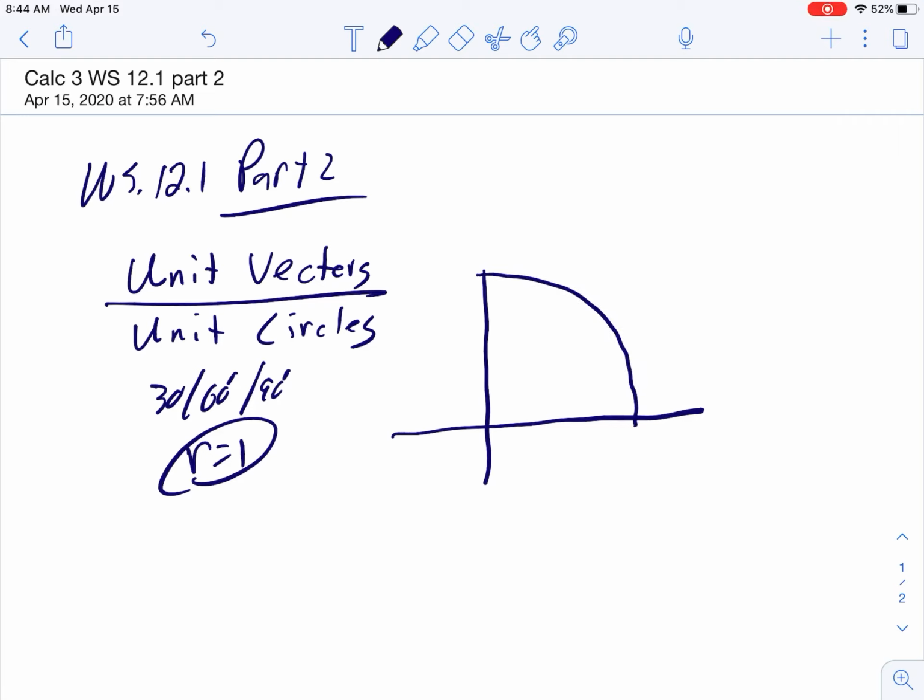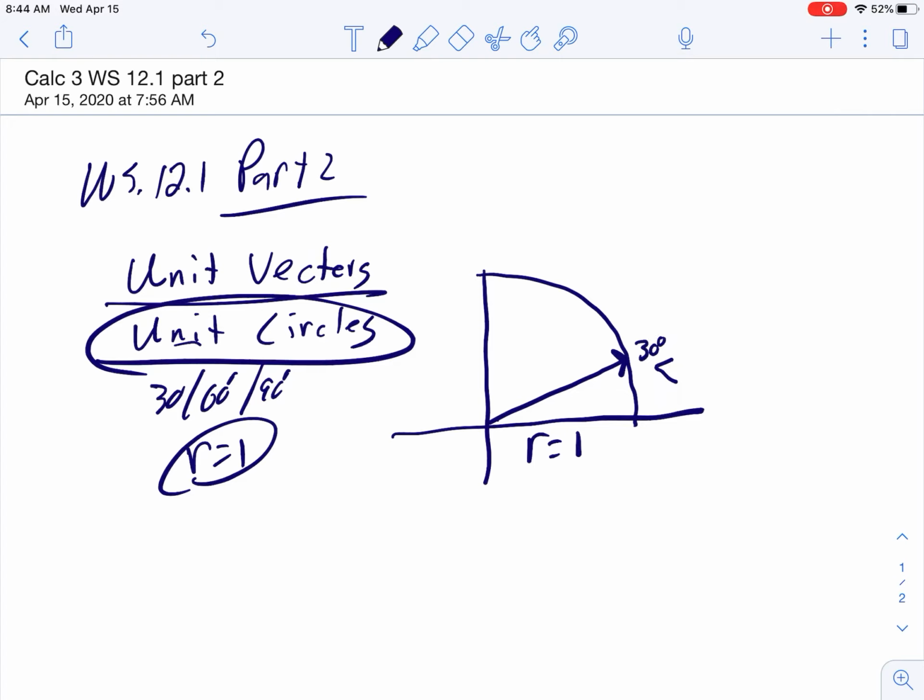So in a unit circle, so again, unit circle of r equals 1, we have, say, this vector out here at 30 degrees, and that vector was root 3 over 2 comma 1 half. Okay? If we did, let's say 60 degrees, that vector then was 1 half comma root 3 over 2.